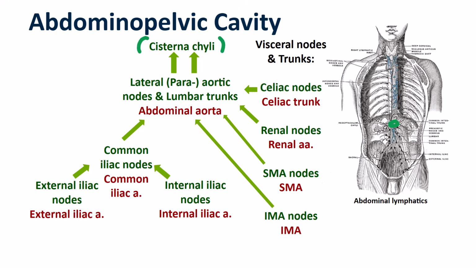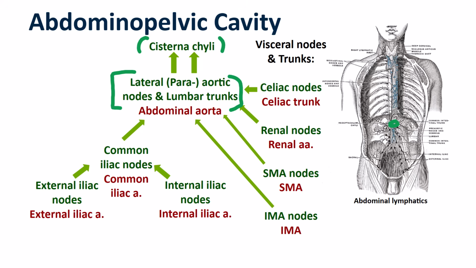The two major conduits that get us there are the lumbar trunks and the lateral or para-aortic lymph nodes, left and right.